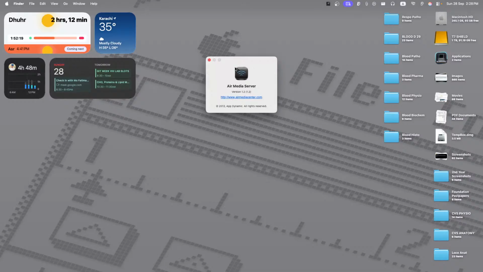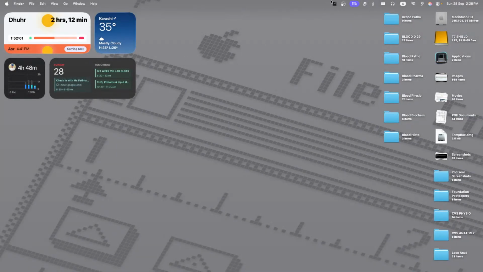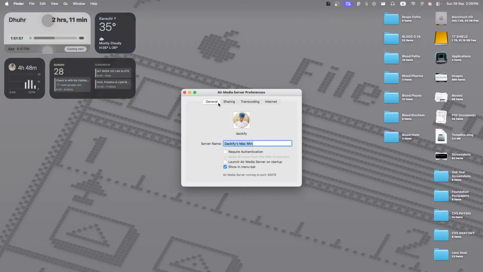Like, what even is it? If I do this, what's the difference? There's no difference. What is the AirMedia? What is this thing for? What are you for?